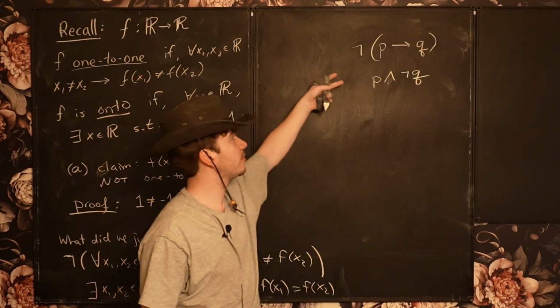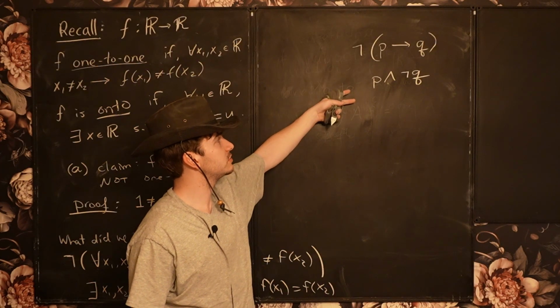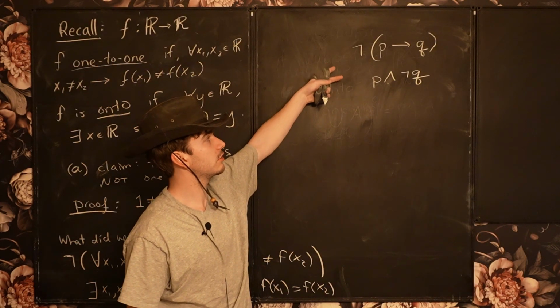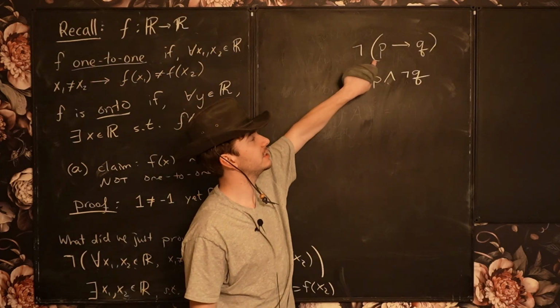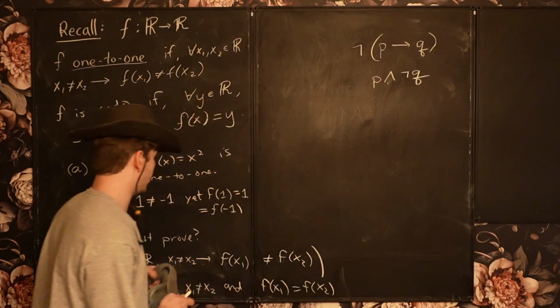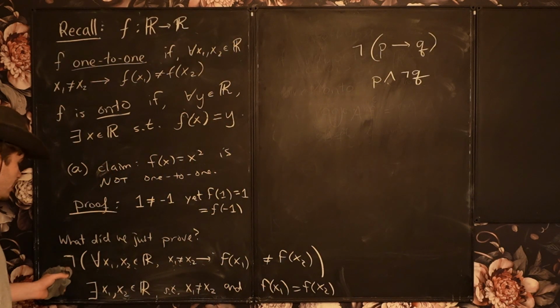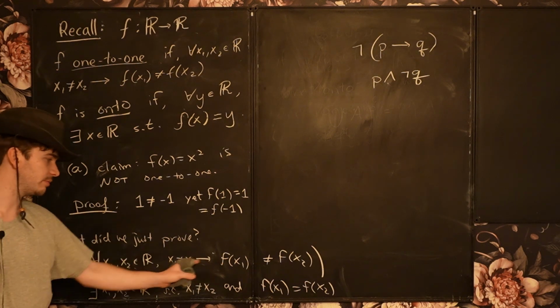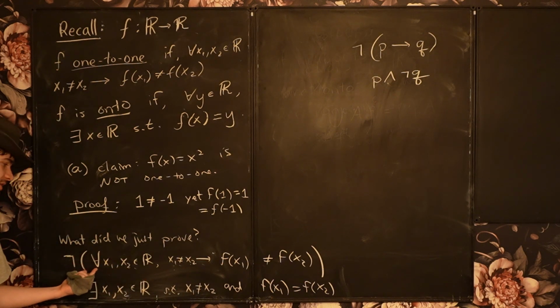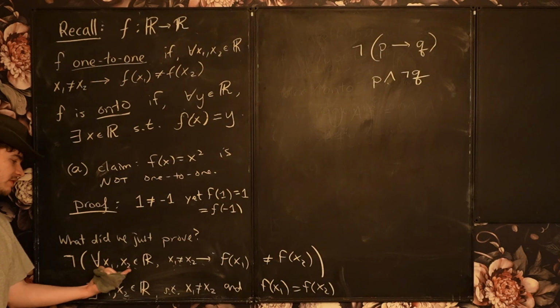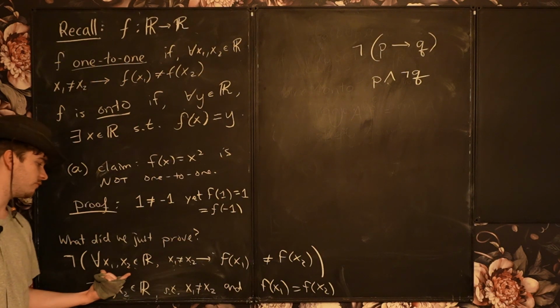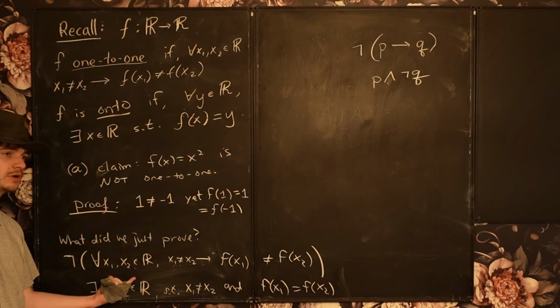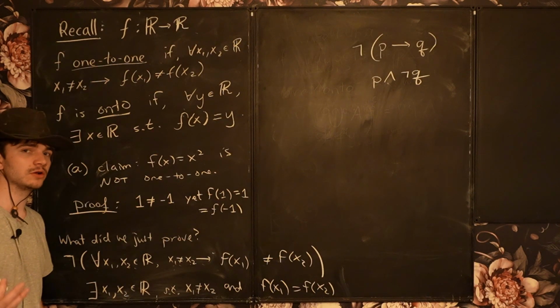And so you can imagine that this statement is the negation of P implies Q, okay? So when I want to negate this P implies Q statement, I first need to bring the negation inside the for all. When I bring a negation inside a for all quantifier, it becomes an existence quantifier, because to demonstrate that a statement that claims that something is true for all x1 and x2 is false, you only need to demonstrate a single counterexample.